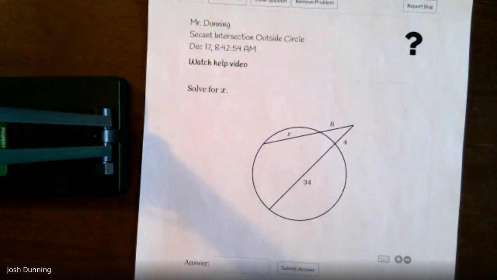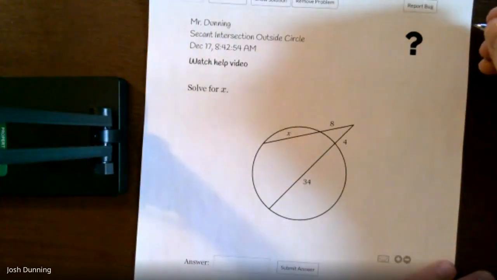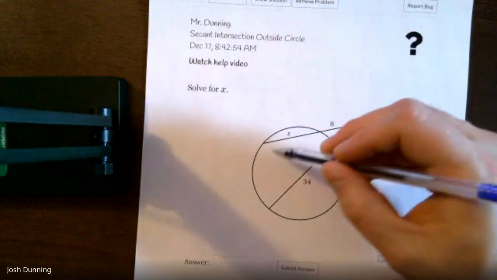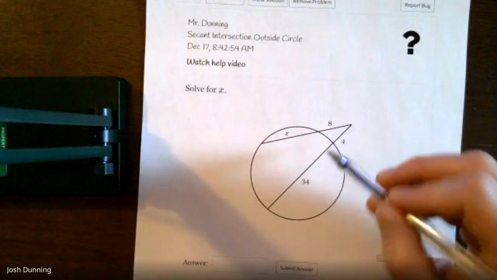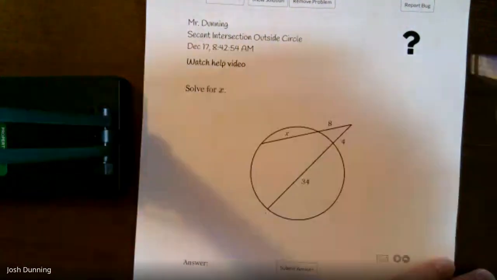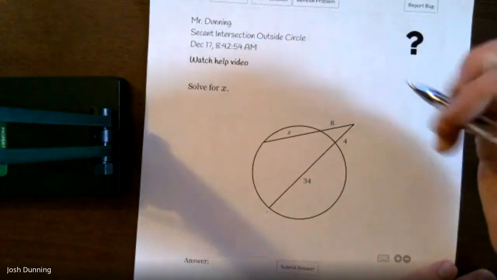All right. Now on these, we switch to a different rule. The last one was 2 chords intersecting inside of a circle. Here, there are 2 secants. A secant is a line that goes through the circle and hits it twice. There are 2 secants intersecting outside the circle.